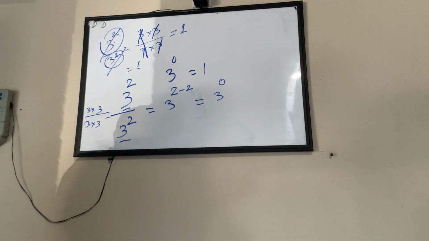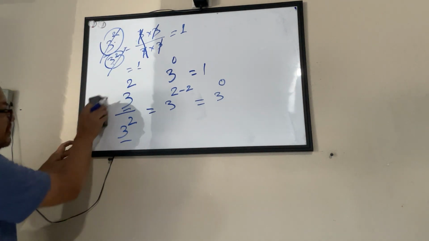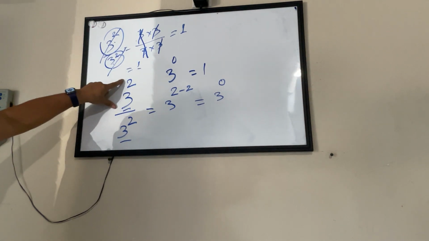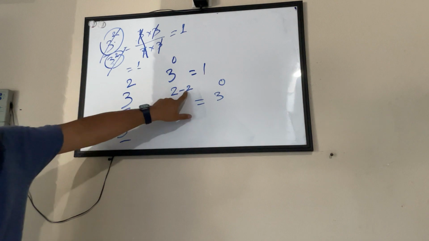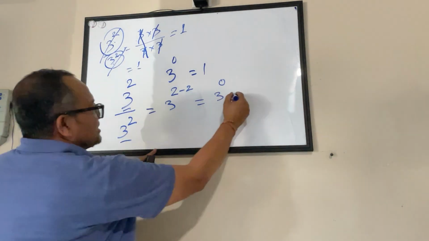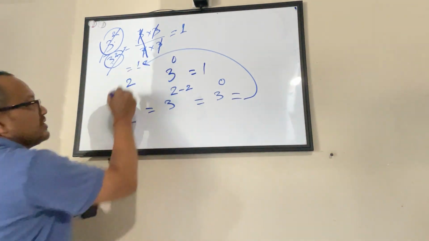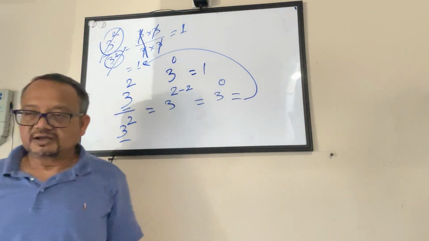So answer is 1. Here, same thing. If I use the exponent formula, 3 power 2 divided by 3 power 2 will be 3 power 2 minus 2, which equals 3 power 0. And this will be the same as the value we got here. Okay? So it's 1.